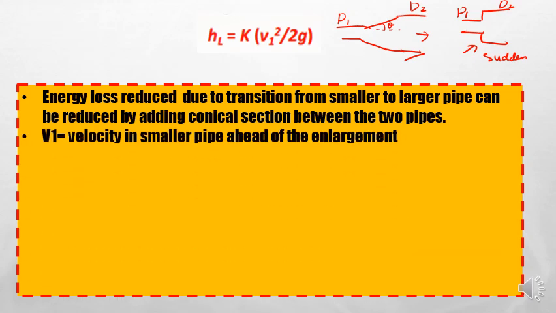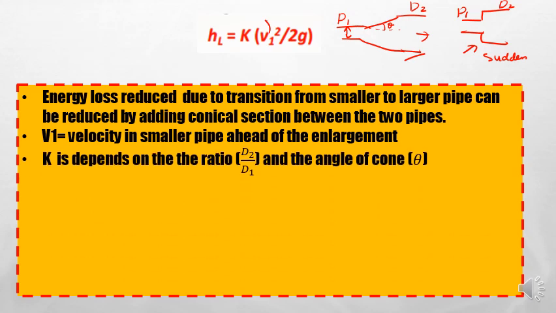The velocity V1 here is the velocity at this pipe, the smaller pipe. And K depends on D2 divided by D1, which is the ratio of the bigger pipe to the smaller pipe, and the angle of the cone here.